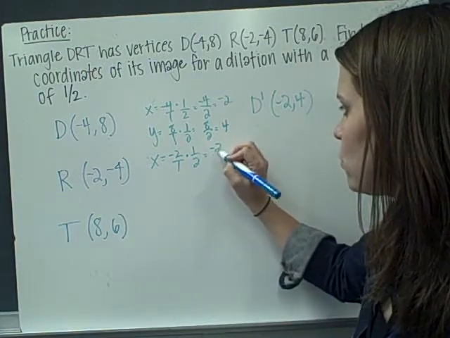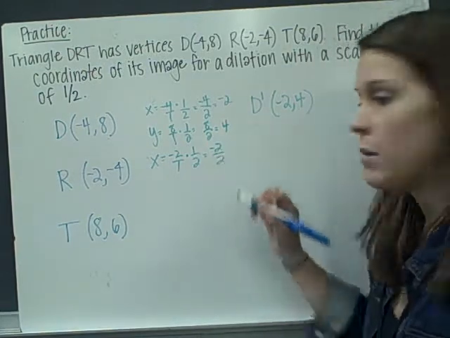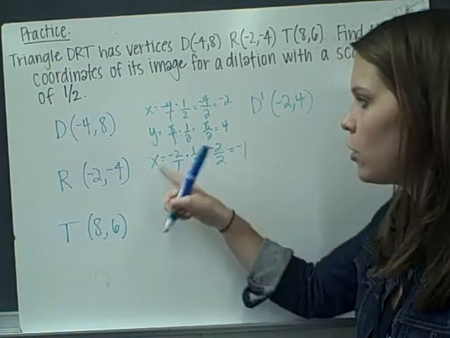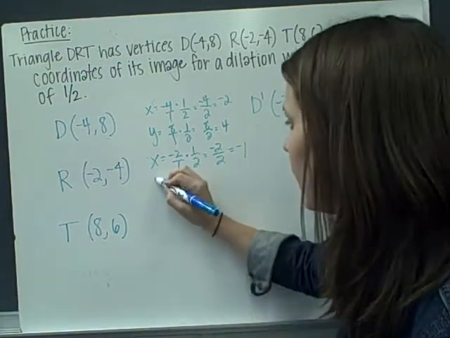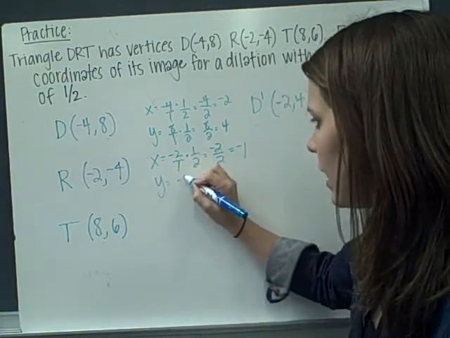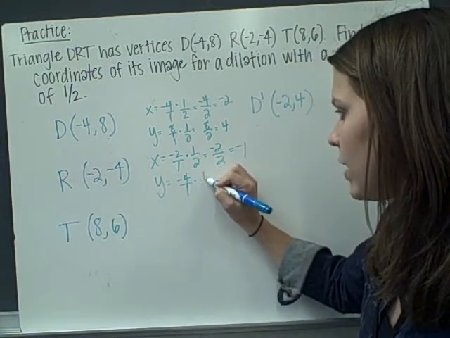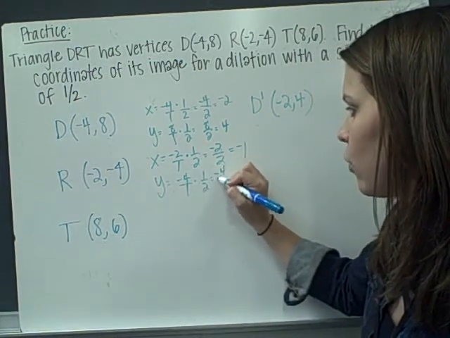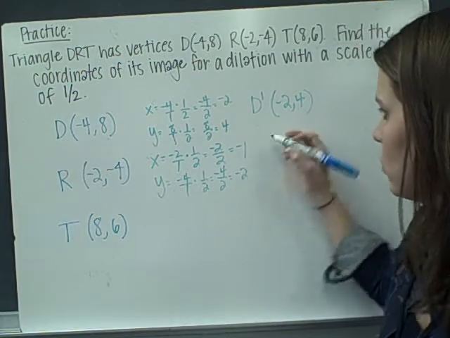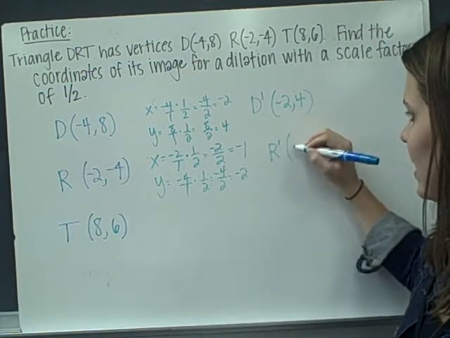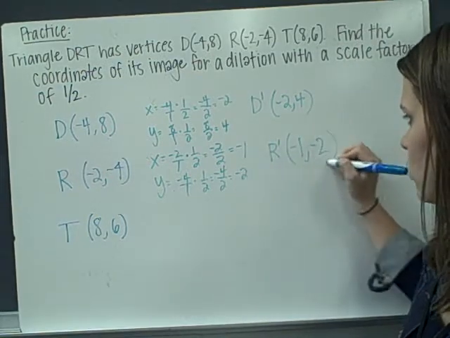So I get -2 over 2. Well, -2 divided by 2 is -1. So our new x value is -1. Now the y value, -4 over 1 times 1/2. I get -4 over 2, which is -2. So now R prime is -1, -2.